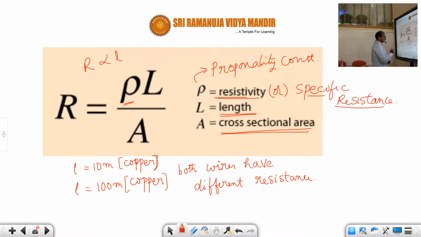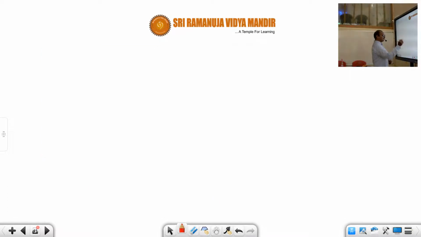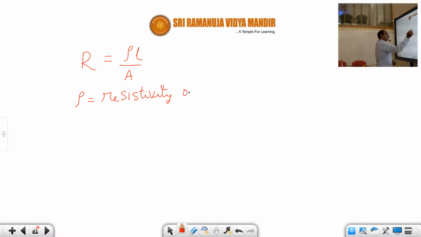Again I am writing this equation: R equals rho into L divided by area, where rho is called resistivity, otherwise also called specific resistance.